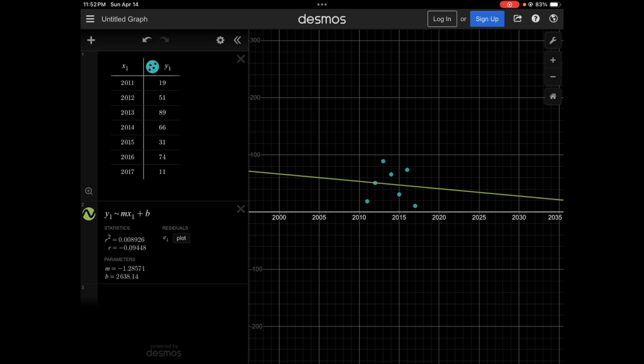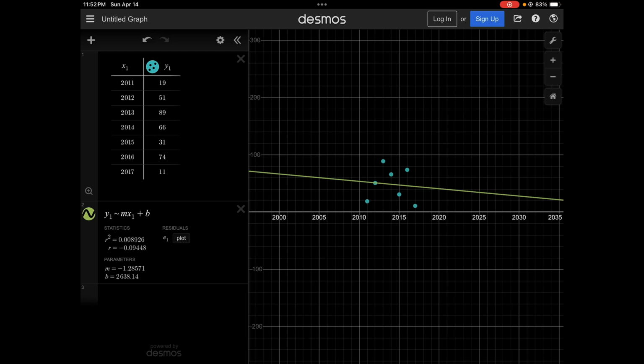And you can see when you go to the left side, it's kind of more spread out than the points on the right side, and it kind of tilts. So we can believe it.